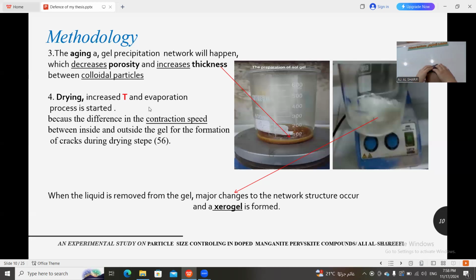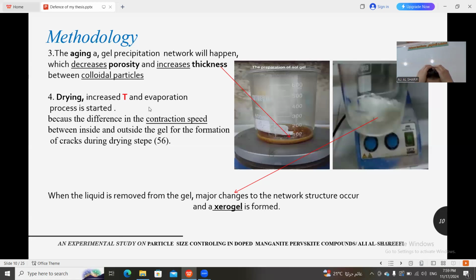Because of a difference in the contraction speed between inside and outside of the gel, which forms cracks during the drying steps. That means the main reason for these cracks is the different contraction speed between inside and outside of the gel by increasing the temperature.